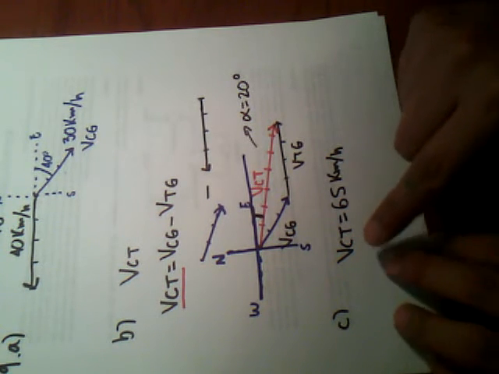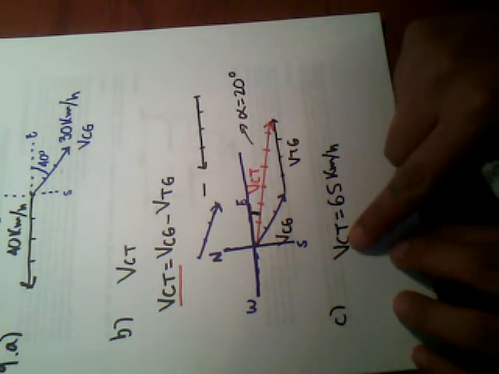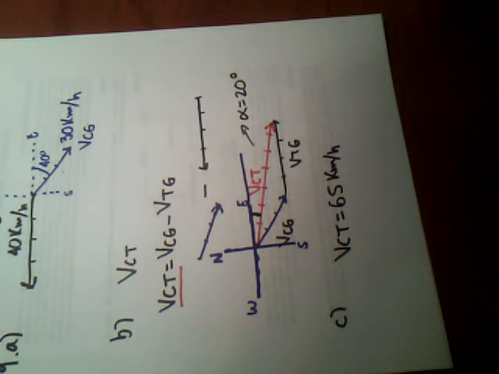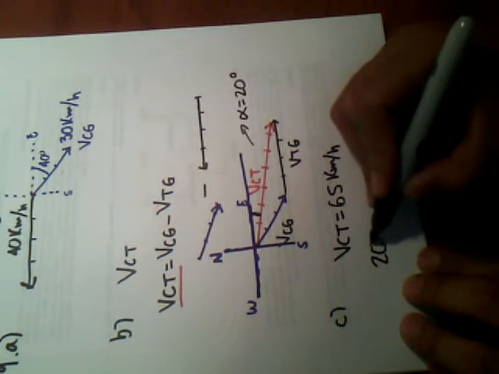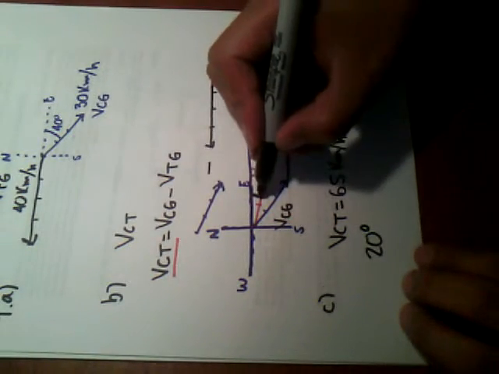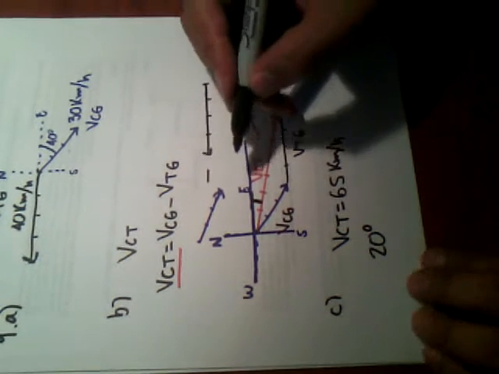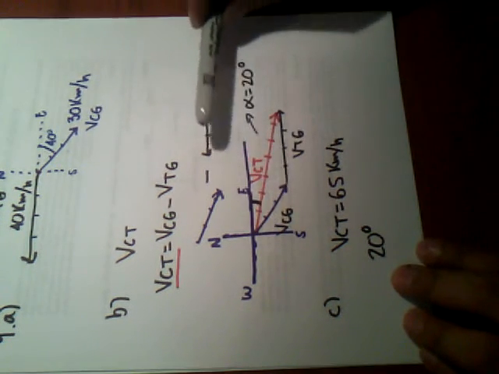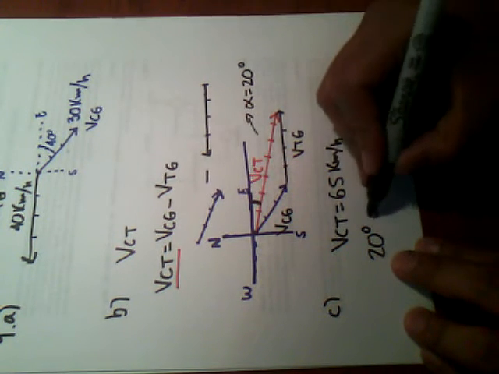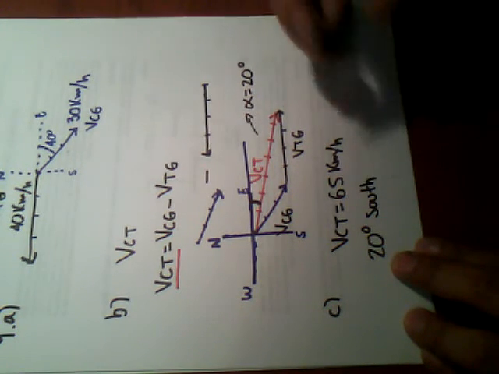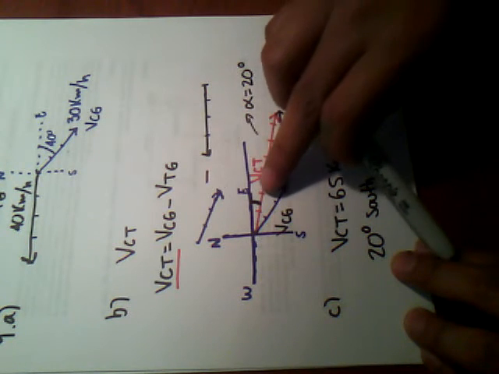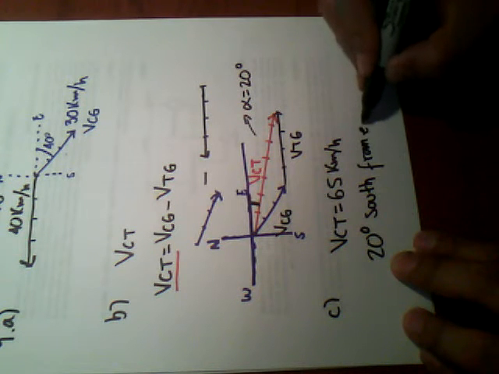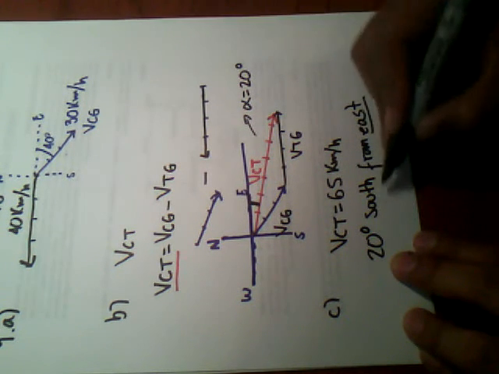So the question was, find the magnitude and the direction of the velocity of the car relative to the truck. The magnitude is 65 and the direction will be 20 degrees. And how would we say this? We should say something like, because the angle is below, right, it's 20 degrees south because I'm going down from the east. So south from east, right?